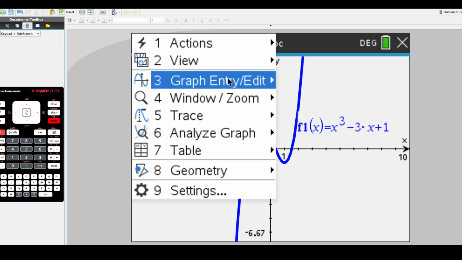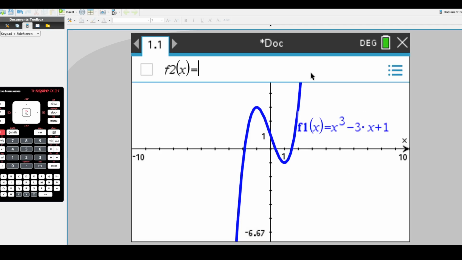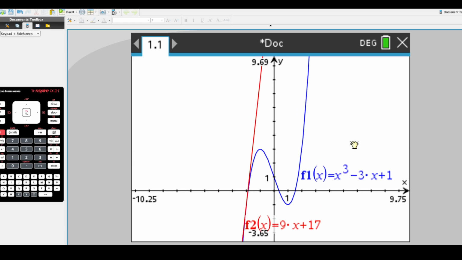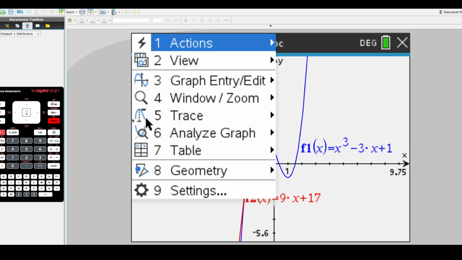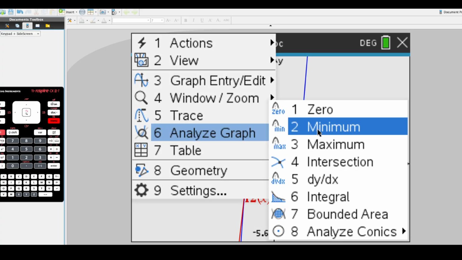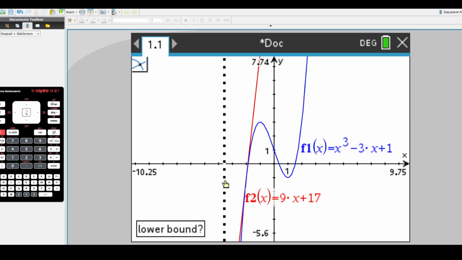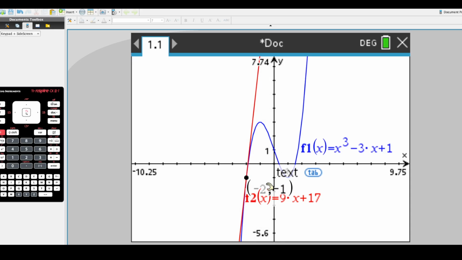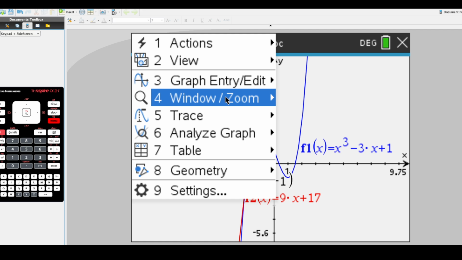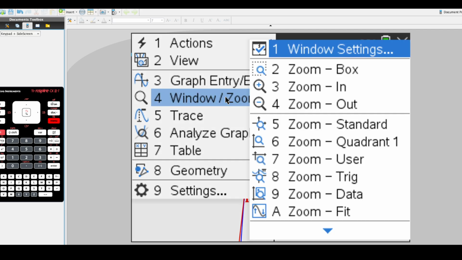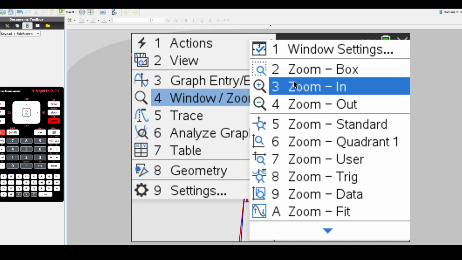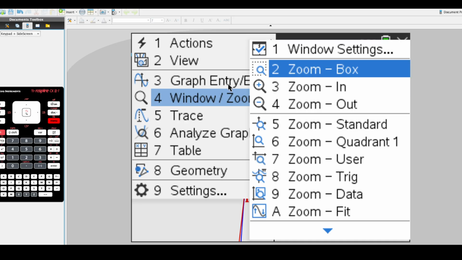Then I'm going to add another equation, the equation of the tangent line, 9x plus 17. As you can see, this is the tangent line, and if I find the intersection point, analyze graph, intersection, look, the intersection is exactly minus 2 and minus 1. Can I graph the equation of the normal line? Why not?